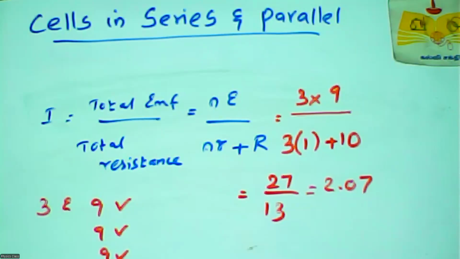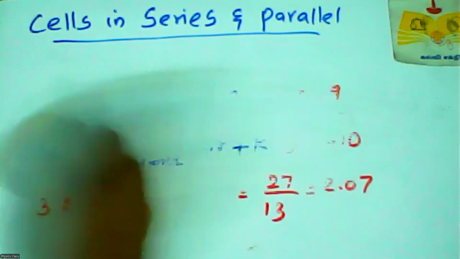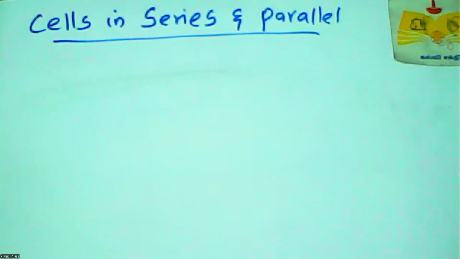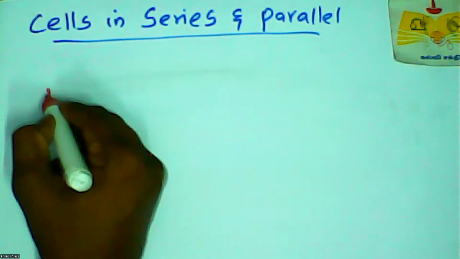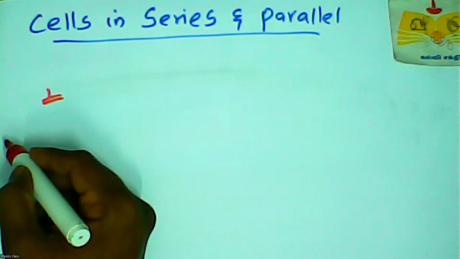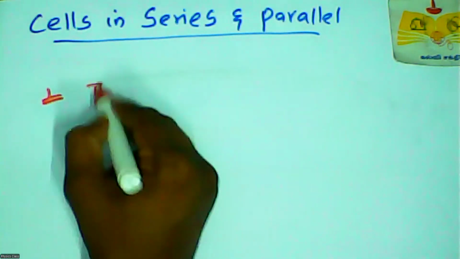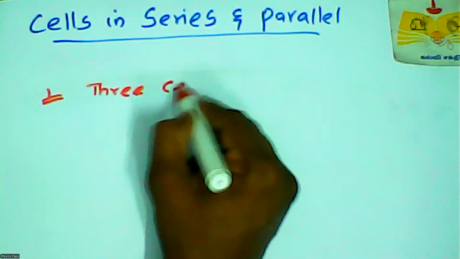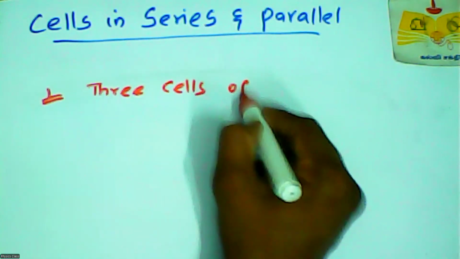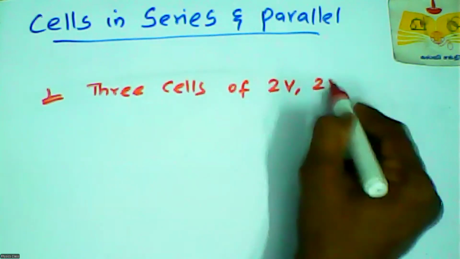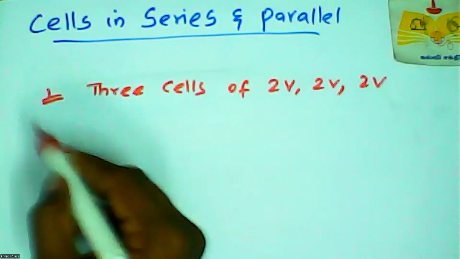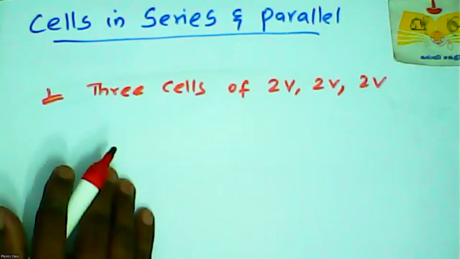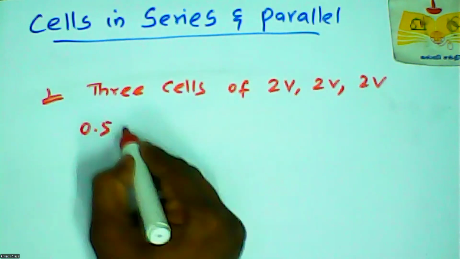Clear? Right. Okay. So we will move into the numerical problem. Problem number 1, cells in series question. 3 cells of 2 volt, 2 volt, 2 volt connected in series, having internal resistance 0.5 ohm.